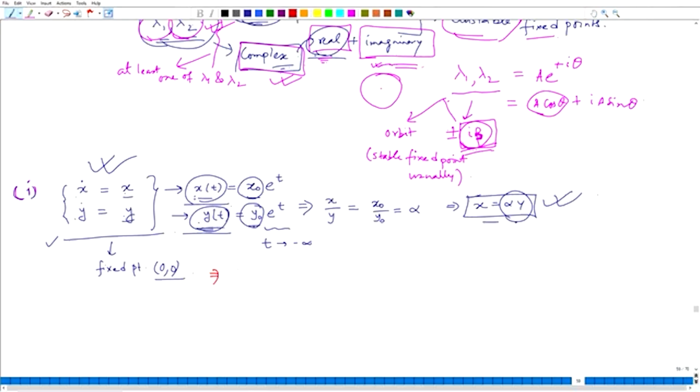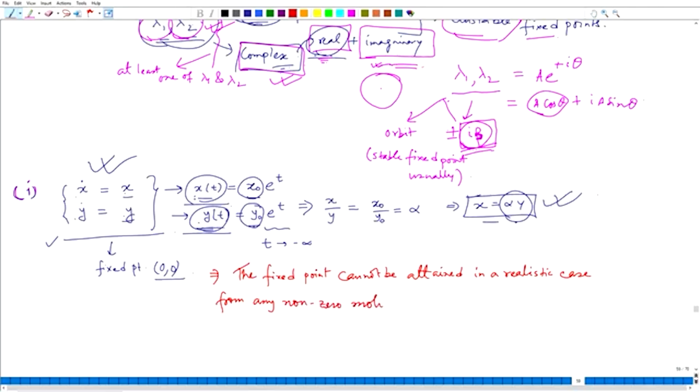That the fixed point cannot be attained in a realistic case from any non-zero motion.